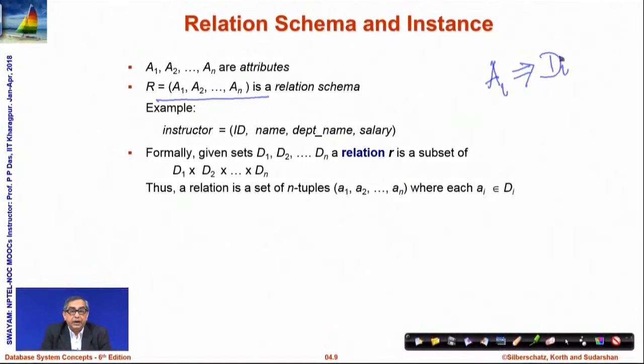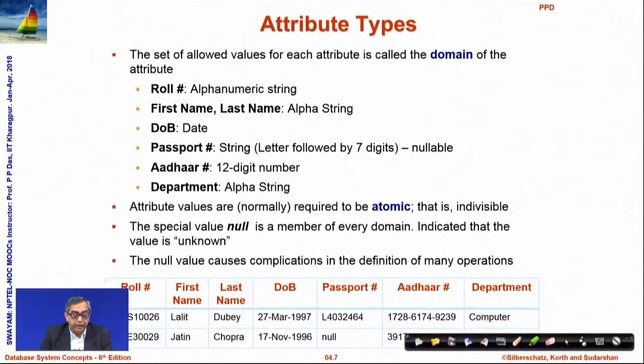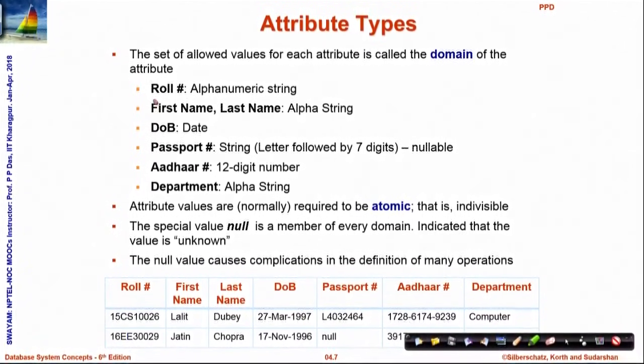So, for every attribute I have a set of values that are possible. So, if you recall, then here we had these different attributes and these are their different domains.